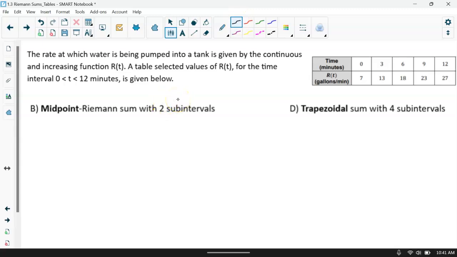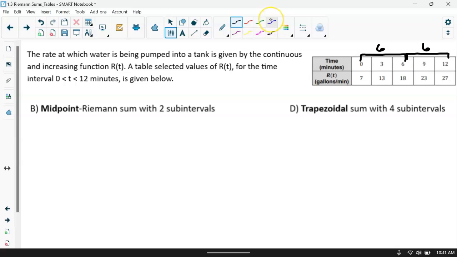So we are only focusing on 2 subintervals. If I were to take my table, we would go from here to here and here to here. So notice the width in this case is 6, and the width is 6.